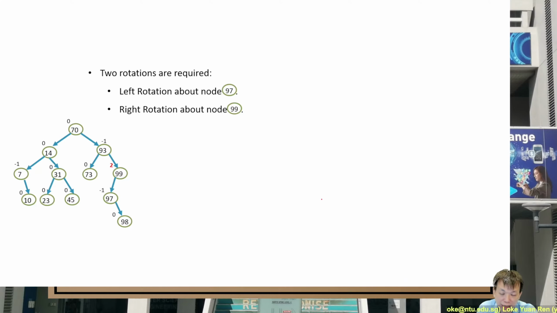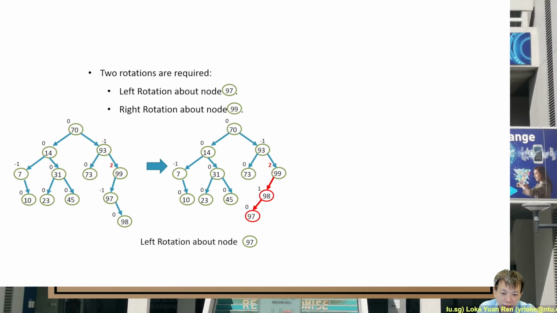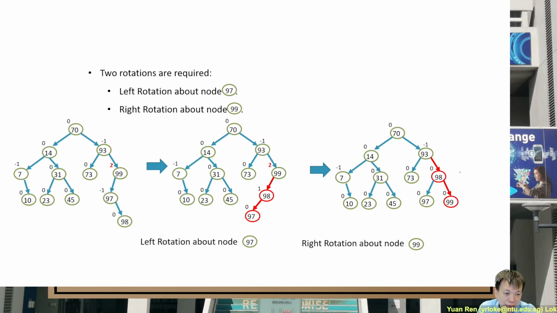So in that case, you need to do the left rotation. After you have done the left rotation, then you will be same as what you saw earlier. Then you just do the right rotation. Then everything will be balanced again.